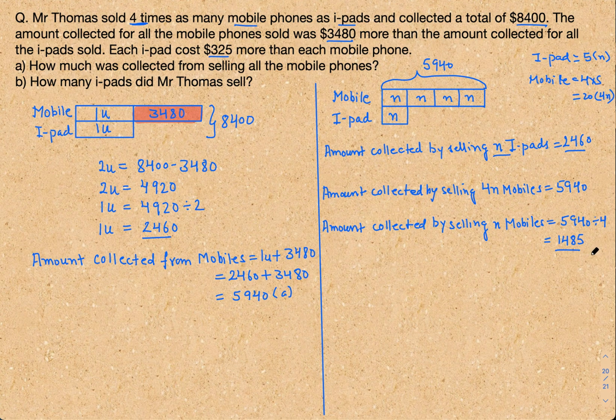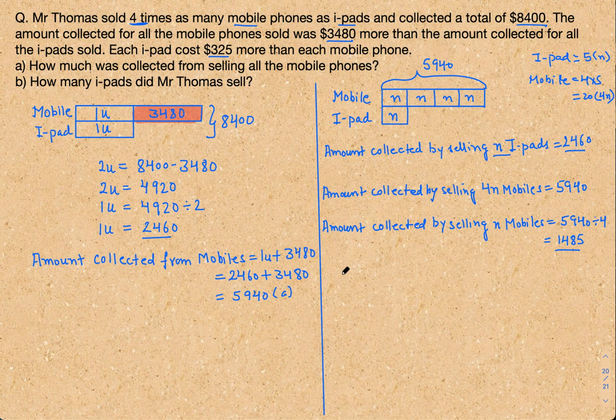So let's find out the difference, because I know the difference in the cost of one mobile phone and one iPad is 325.